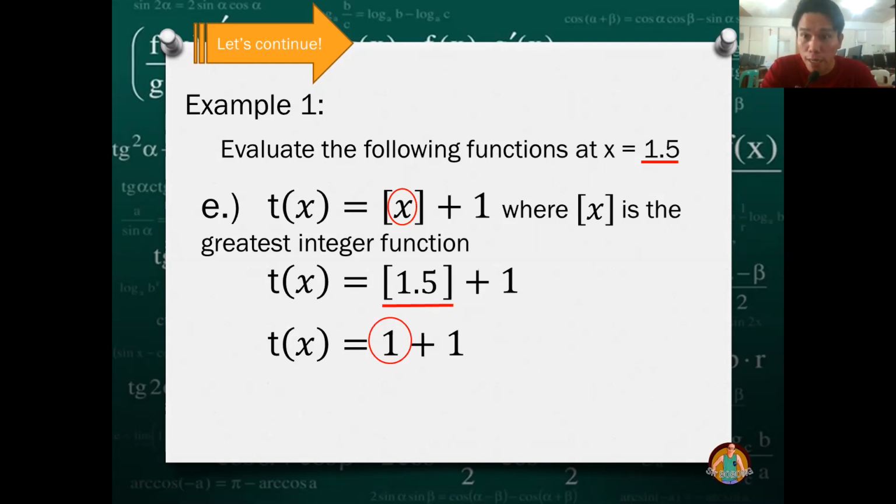Of course, it's 1. Kasi yung 1 is an integer or a whole number, while 0.5 is a decimal number. So 1 dapat. So 1 plus 1 will give us 2. If you have questions, feel free to comment down sa mga tanong. So our t of x or y is equal to 2.